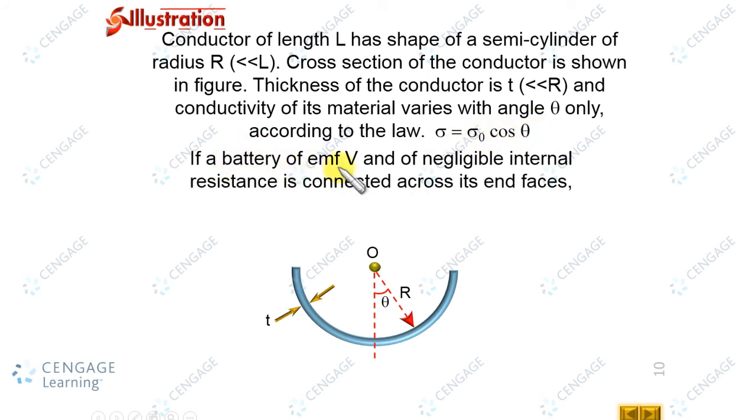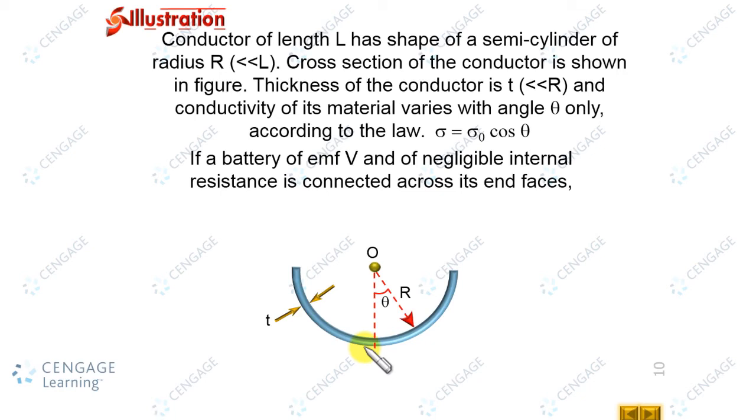If a battery of EMF capital V and negligible internal resistance is connected across the end faces, right? Now we have connected a battery of negligible internal resistance, that is ideal battery, across this conducting wire of length L, right? And we know the conductivity is changing from position to position. That means the resistivity is also changing from position to position, but we have applied potential difference.